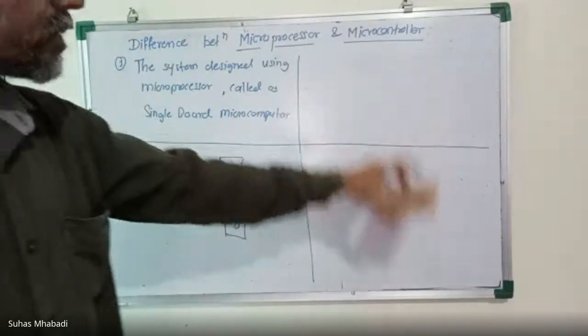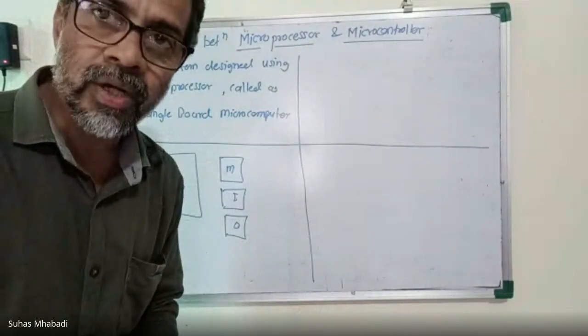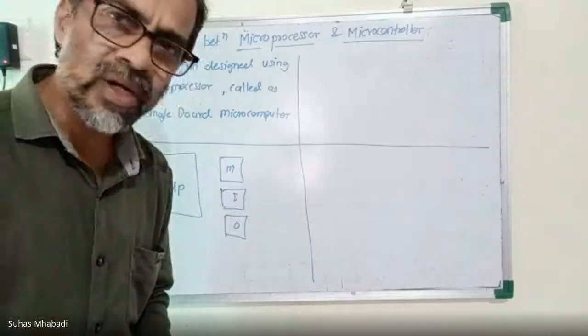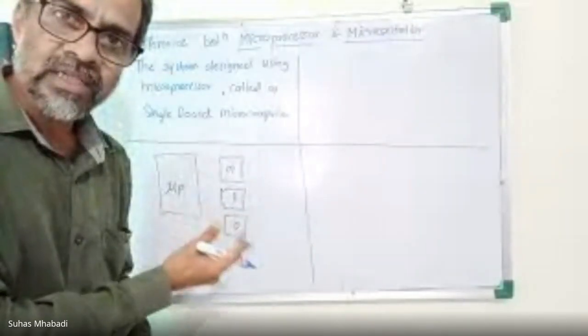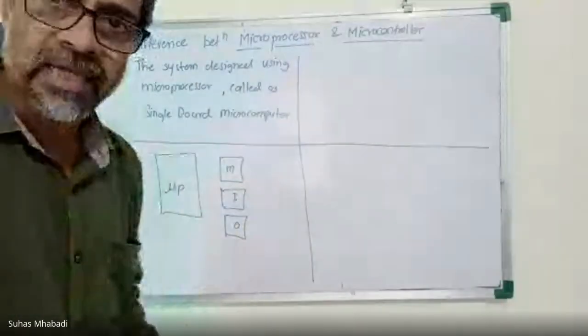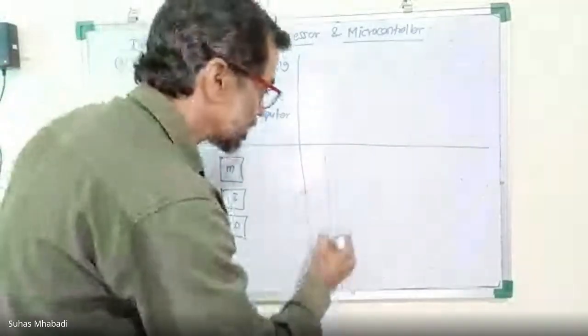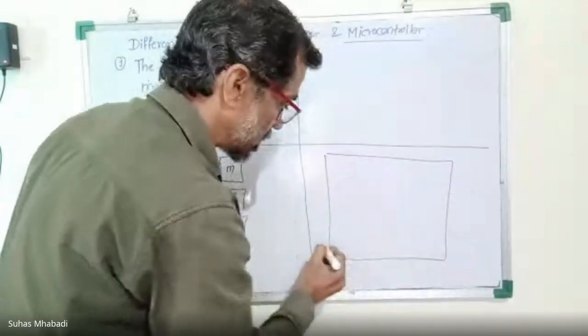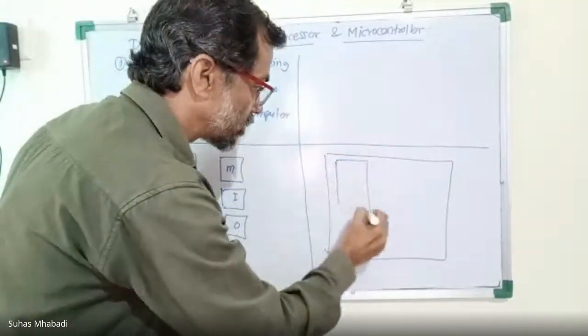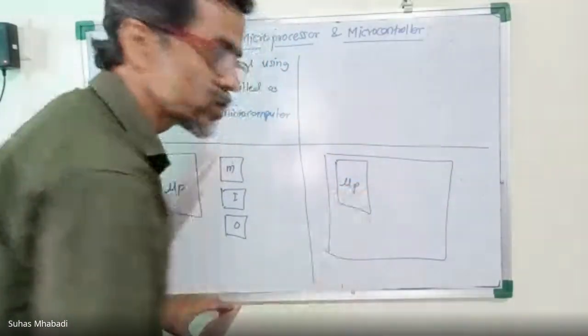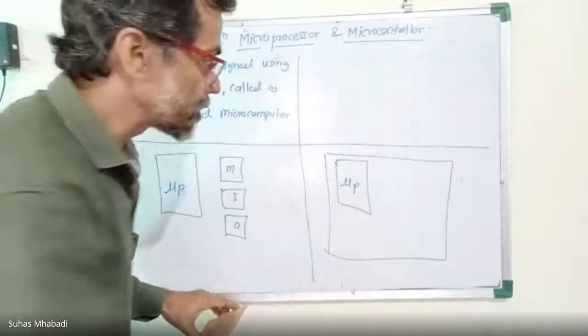What about the microcontroller? In a microcontroller, we have all these features inbuilt inside a single IC. So here, this is an IC. It consists of the microprocessor inbuilt inside.